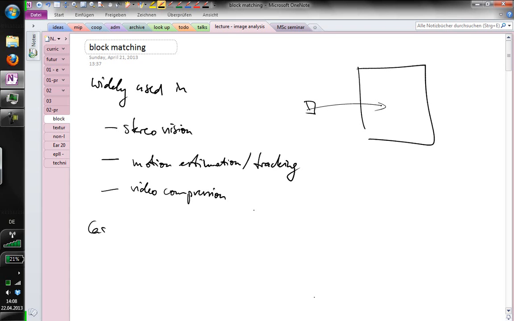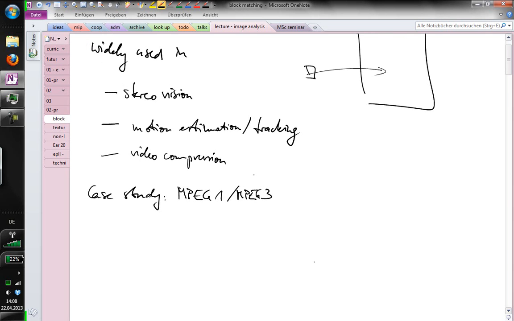As a case study, we look at video compression as used in MPEG 1 or MPEG 3. These protocols also comprise other strategies, but what we're going to talk about is part of those. What these codecs do is, from time to time, transmit compressed still images.